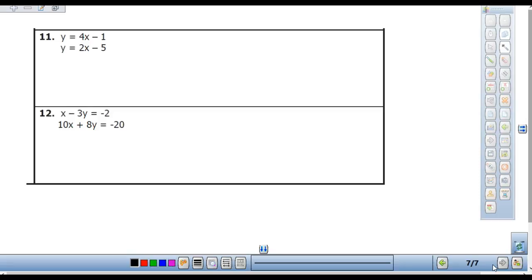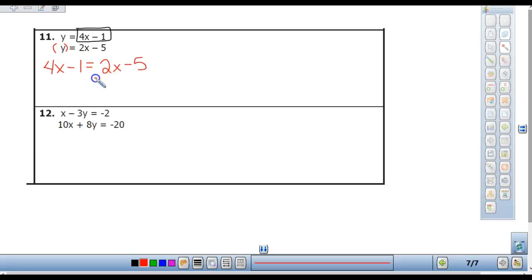I have 2 that are in y equals. Who did that? Okay, alright, so this is how we're going to solve it. We're going to box up my top y equals. What am I putting it in for? Y. So I'm going to put it in right here. I've got 4x minus 1 equals 2x minus 5.